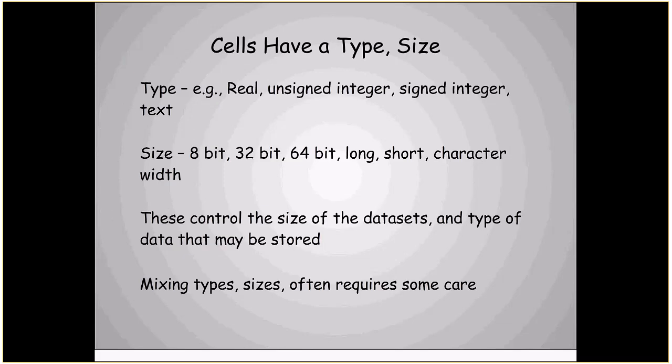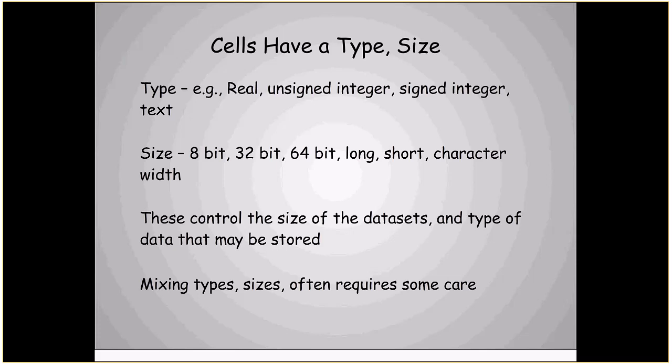So when we store our coordinates, any numbers, the coordinates and the values inside the cells, if we're using the raster model, can be all sorts of different numbers. So you choose what type of number you want to store. Is it going to be a real integer, an unsigned integer, a signed integer, or is it going to be text? Each of these has a different size associated with it. So a simple integer is usually 32-bit, but it could be 64-bit.